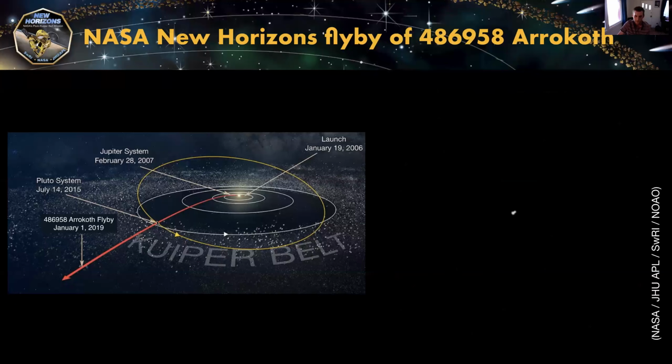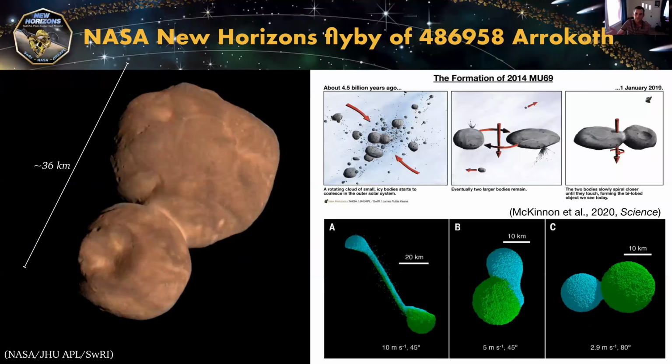So it's quite cool. And I guess, first of all, the structure of this thing is very consistent with formation via the streaming instability and gravitational collapse, right? It's two lobes that simulations reveal must have come together at a velocity of only a few meters per second, even though the escape velocity is similar, but the typical collision velocity you would expect for unbound objects is orders of magnitude higher.